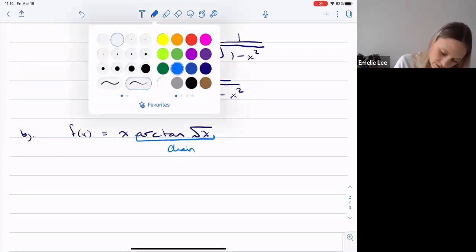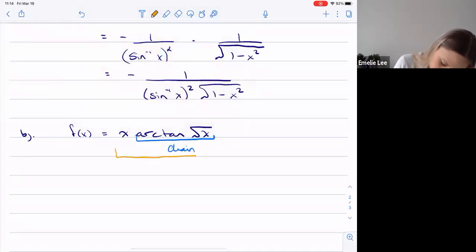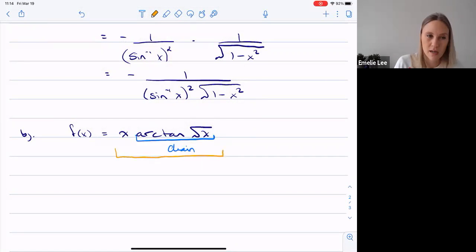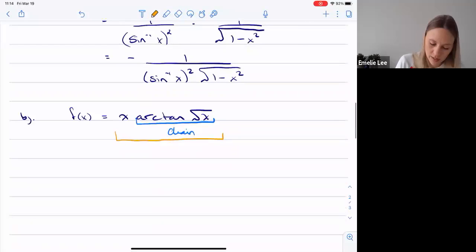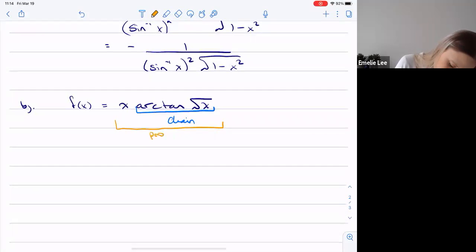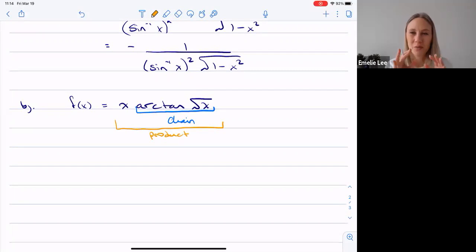But then I also have a product rule, x times that. So x times a chain rule makes a product rule. You'll want to do this methodically. I would probably start with the product rule, because from the product rule, it's going to tell you to find the derivative of that chain, arctan of root x.